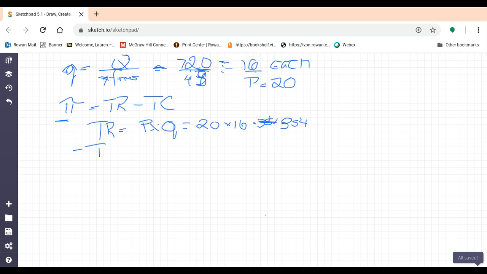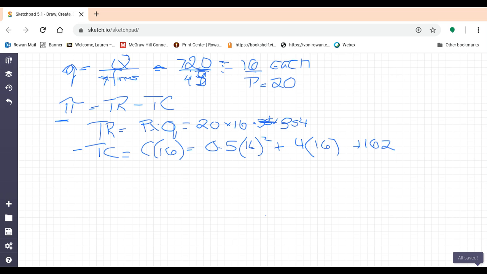And then we subtract total cost, or cost. Sorry, I'm still on the notation from intro. And we just take the original cost function and plug in our quantity of 16. Remember that was 0.5 q squared, so 16 squared, plus 4 times q, so 4 times 16, and then plus 162.